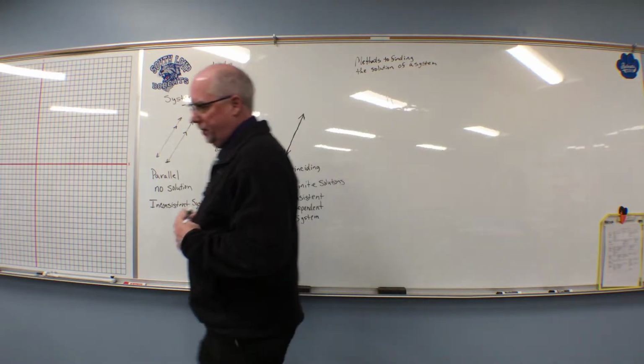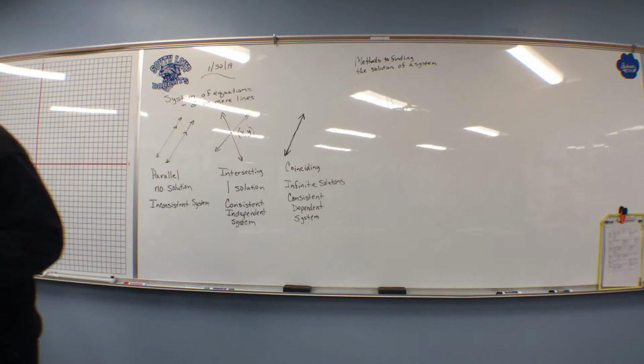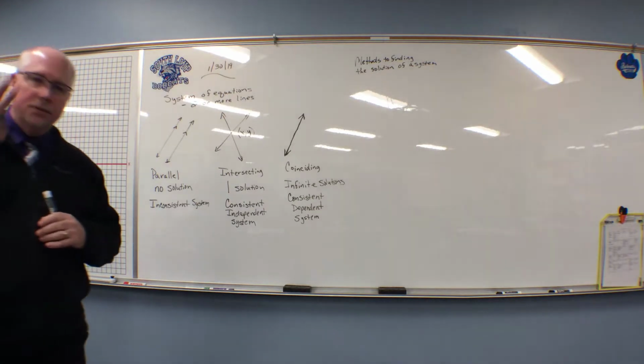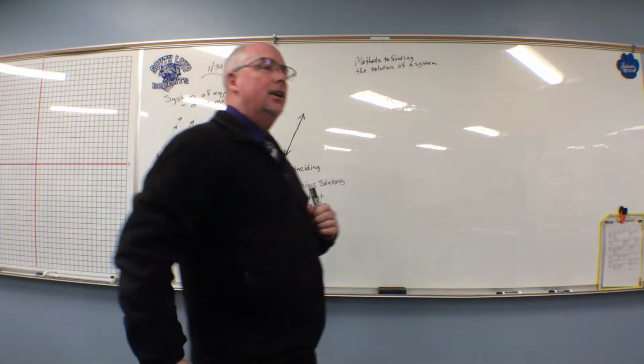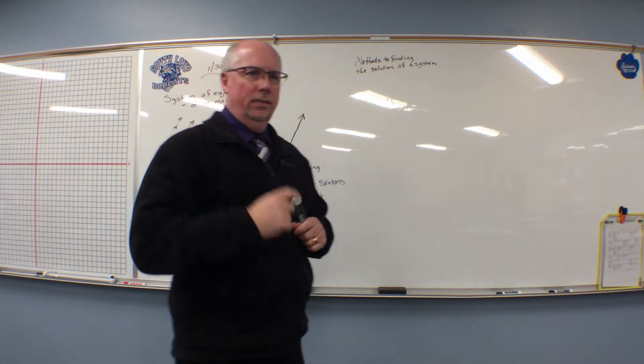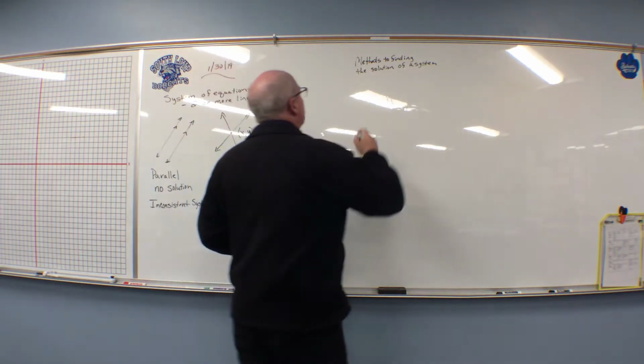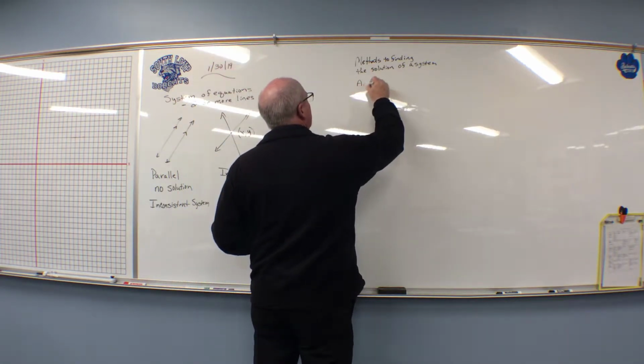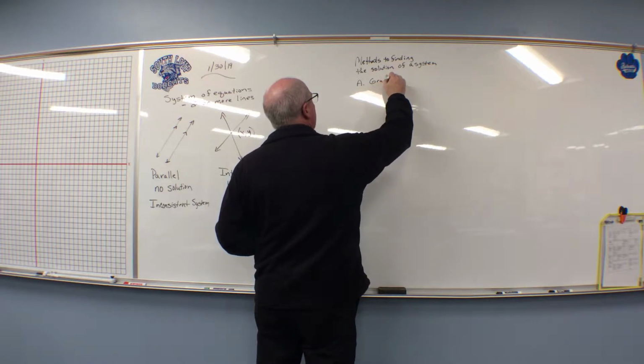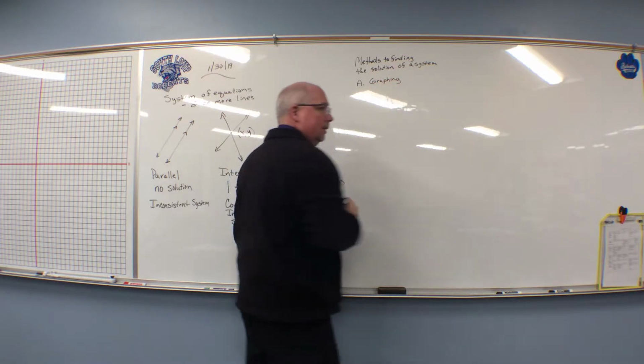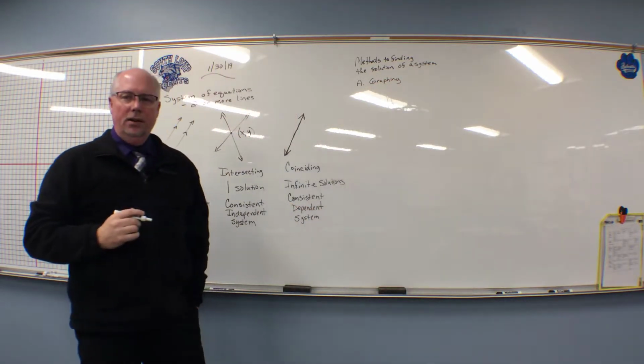We are going to learn four in this class. In Algebra 2, I think we add two more. The first one, which we're talking about today, is graphing. And you know what the wonderful thing about graphing is?